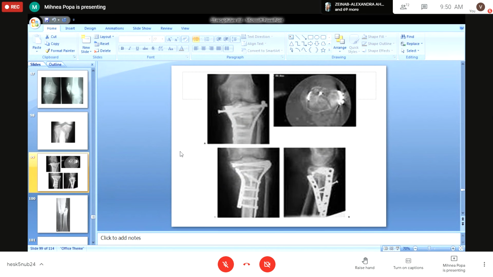But for example, in type 1 Schatzker, when we have only the displacement of the lateral plateau, we can use 2 screws to reduce it. Or in Schatzker 2 or 3, we can use just 1 plate on that side that helps us reduce the fracture as well as possible.